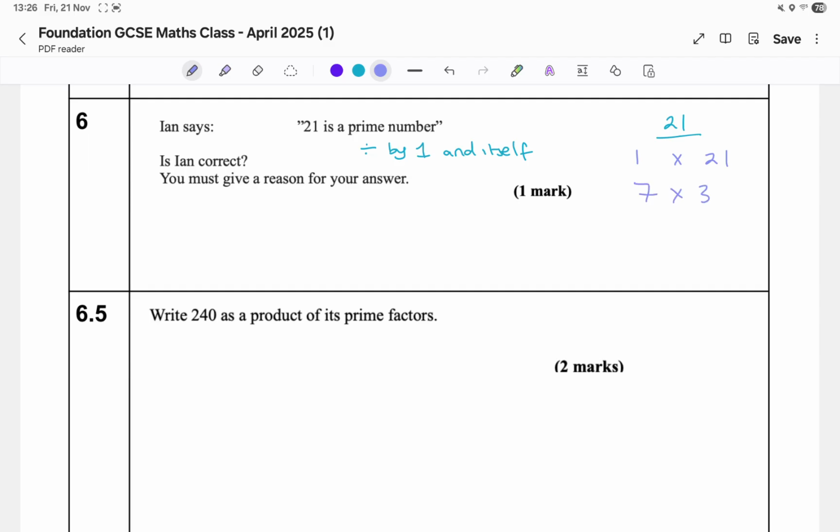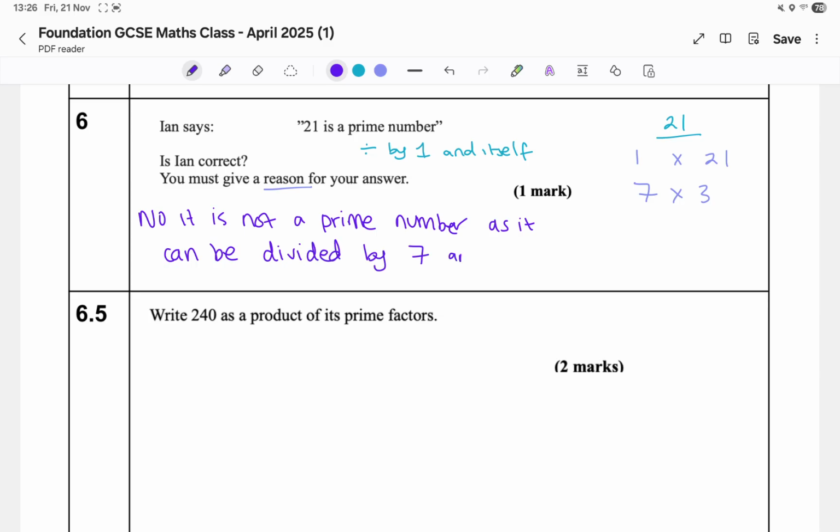So therefore, you must give a reason. My reason is, no, it is not a prime number, as it can be divided by 7 and 3. So therefore, it isn't a prime number.